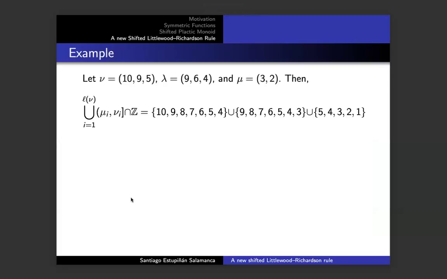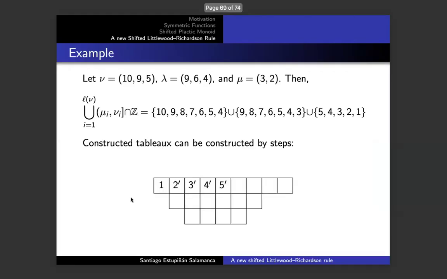And so this was an involved definition. You may think that this is difficult to apply, but the reason that this is a practical rule to implement is because you can construct a tableau. Essentially, you take your partitions, in this case, lambda, mu, and nu, and you determine these semi-open intervals.